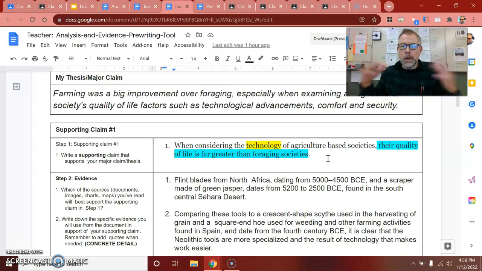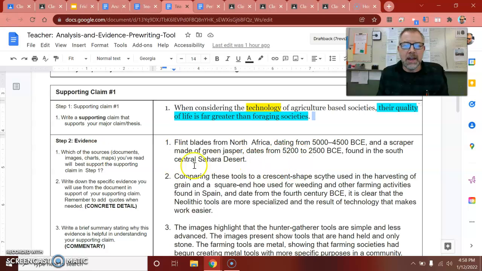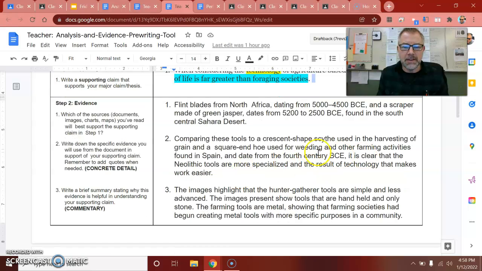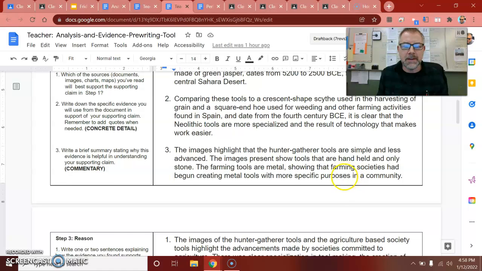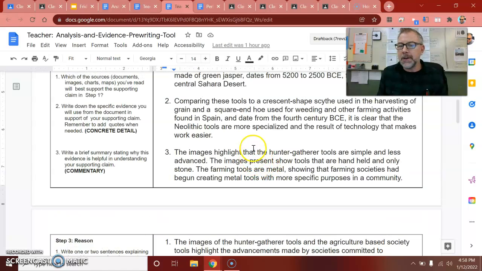Once I weave it all together with my opening sentence that states what my focus of this paragraph is and how it connects to my major claim or my thesis, here's the evidence I'm going to look at, my concrete details, and then my commentary. Now, this would be really different if I was using, say, an article and I would be taking a line of text. That would be much like our current events where we use the text evidence as our concrete details.